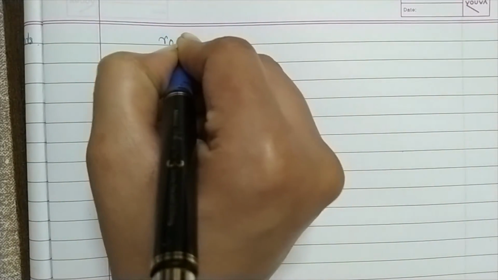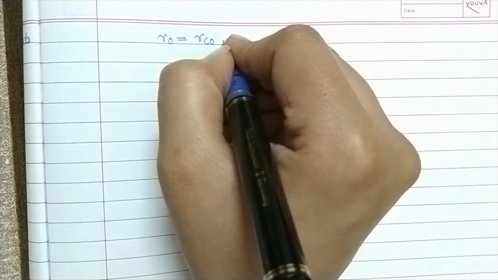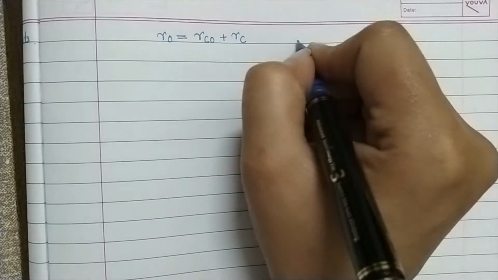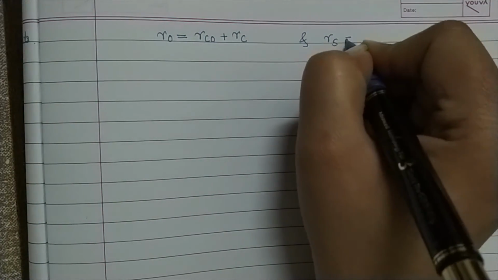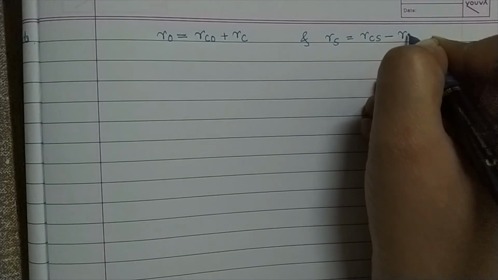Now we know that RO is equal to RCO plus RC and RS is equal to RCS minus RC.